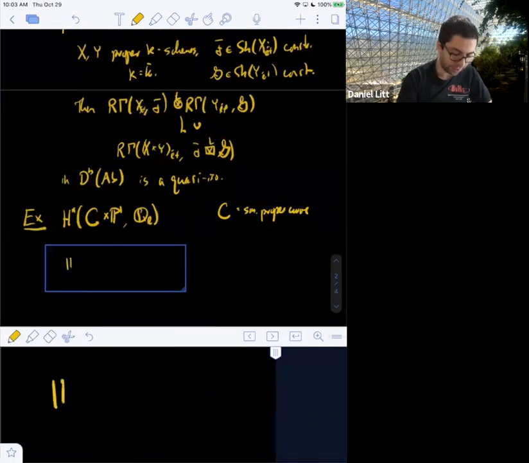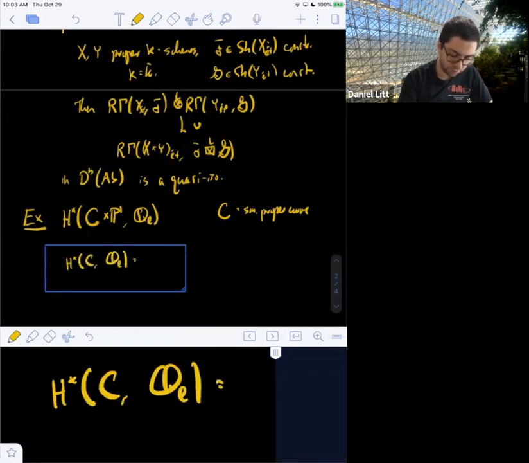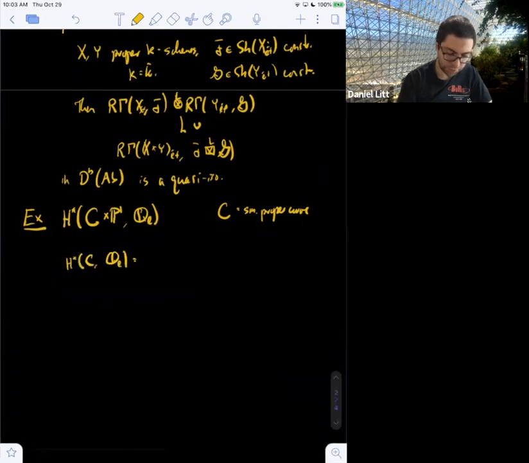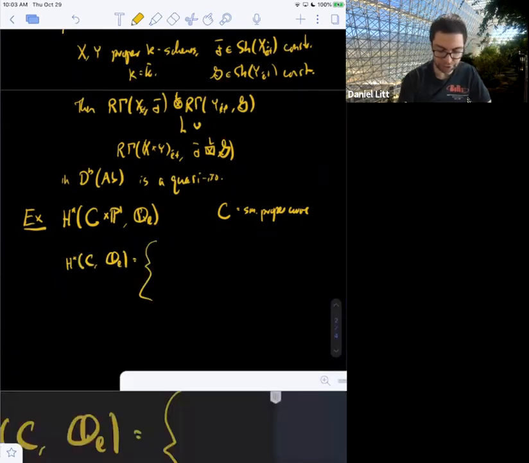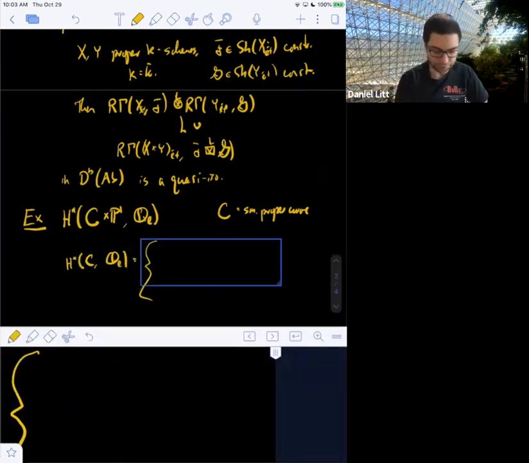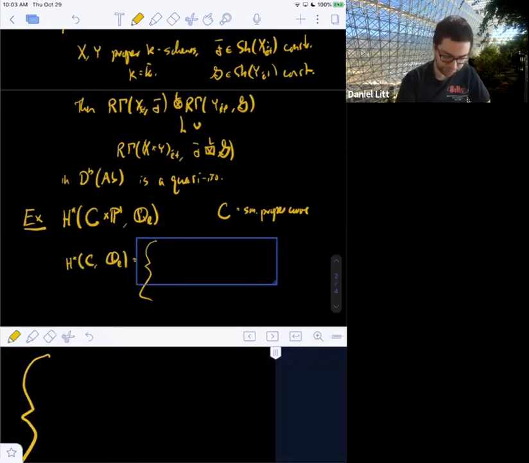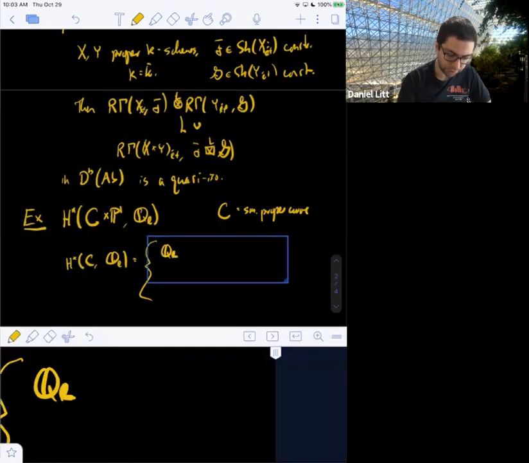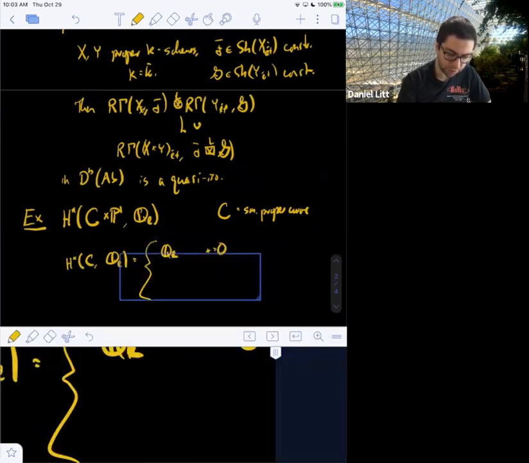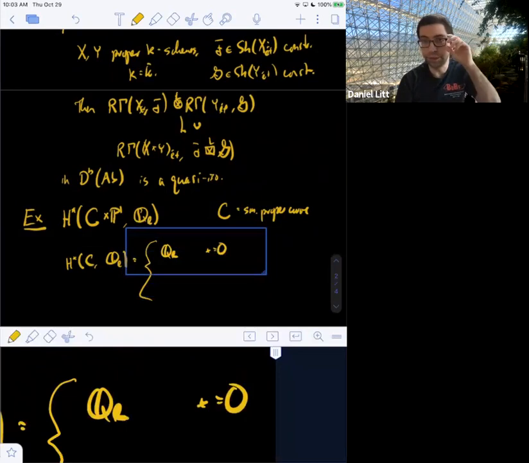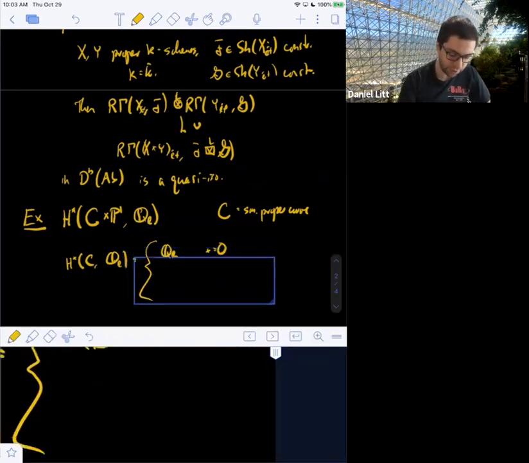So, what is H star of C? Well, we worked out what it is with Z mod L to the n Z coefficients. Taking the inverse limit over n, we get QL for star equals 0. So we get ZL with ZL coefficients, and then tensoring with QL gives you QL.